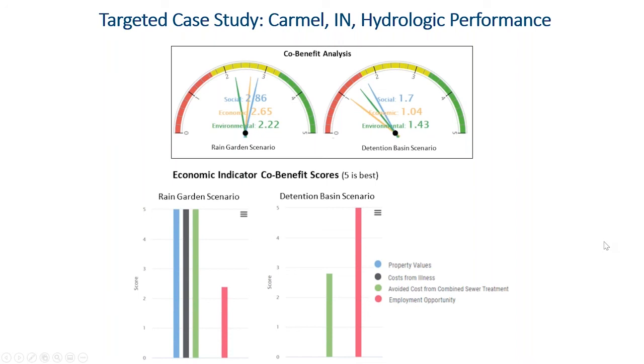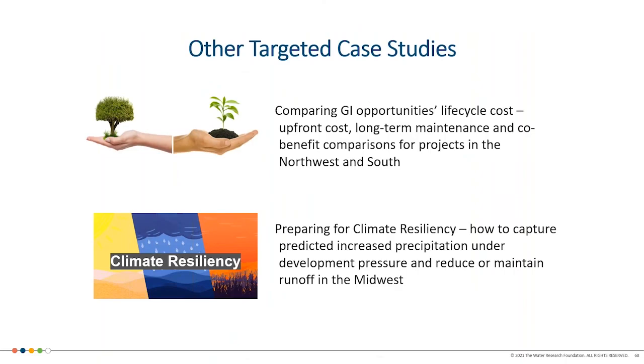So CLASIC can really help decision makers and the more technical folks combine the needs and wants of the community to figure out what scenarios might be best to institute in the selected project areas. So it's a really useful decision-making tool for communities as they think about stormwater infrastructure development.